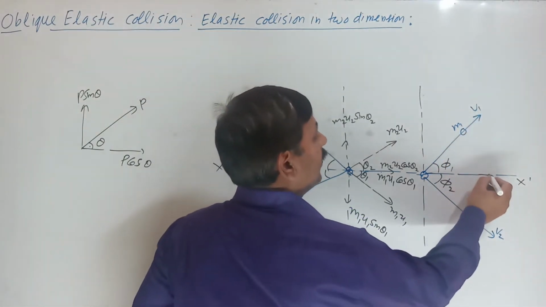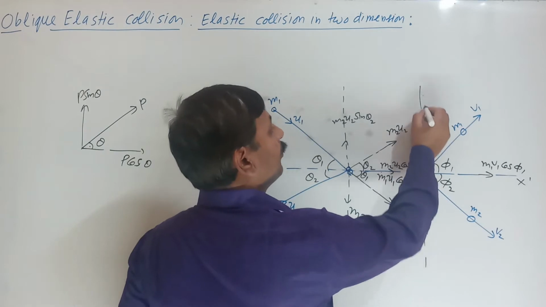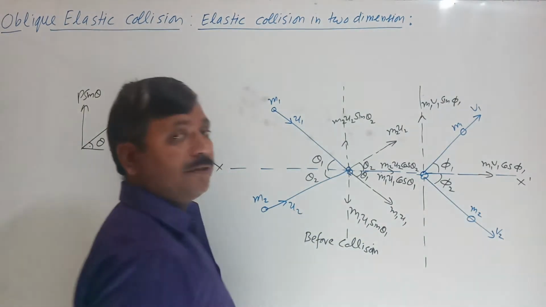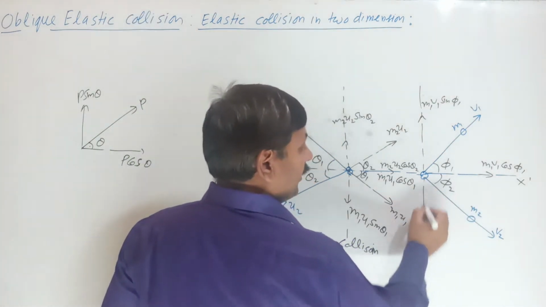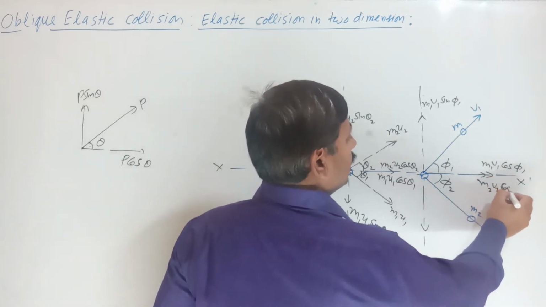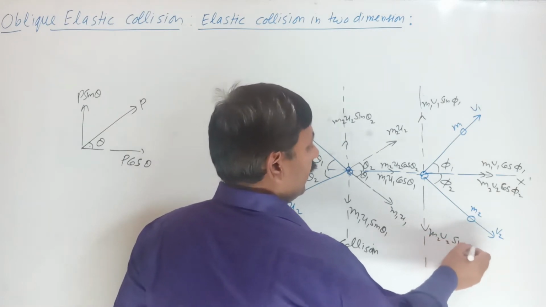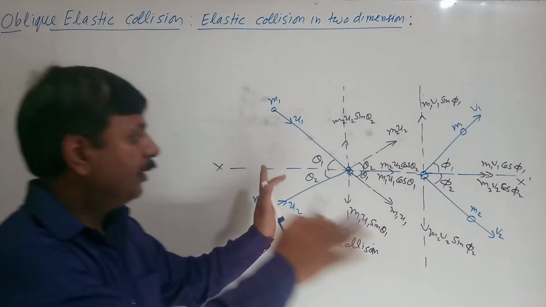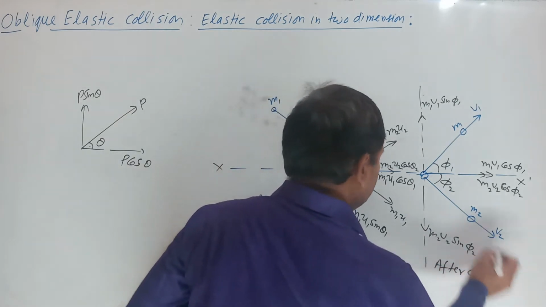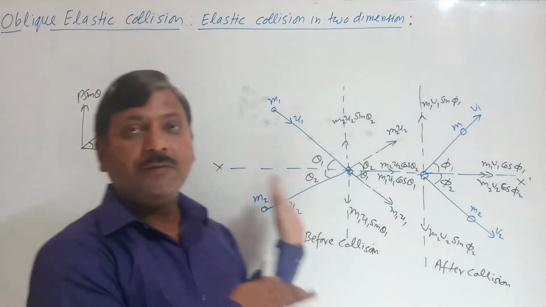M1 v1 has two components: along the x-axis m1 v1 cos phi 1, and along the y-axis m1 v1 sin phi 1. In the same way, the momentum of mass m2 after collision has components m2 v2 cos phi 2 along the x-axis, and m2 v2 sin phi 2 along the y-axis. This is after collision.